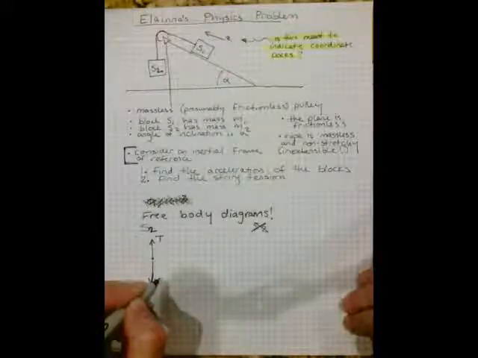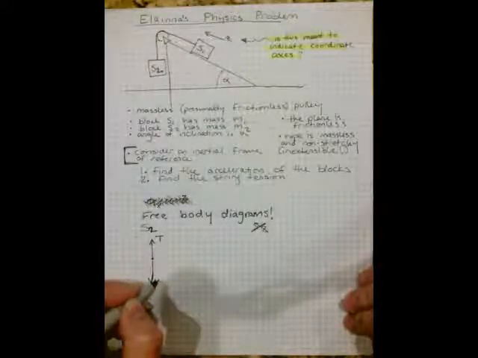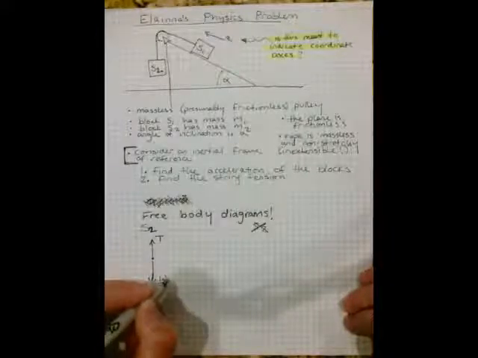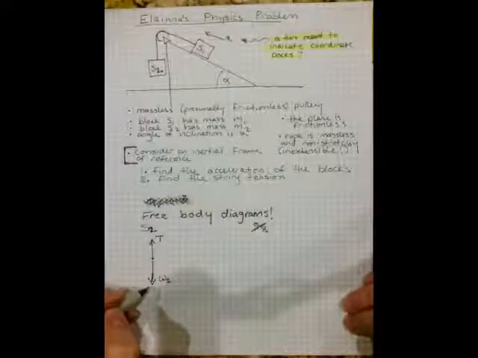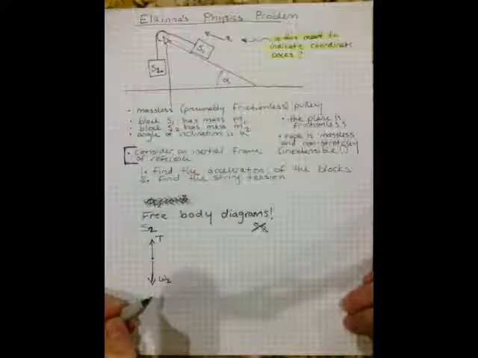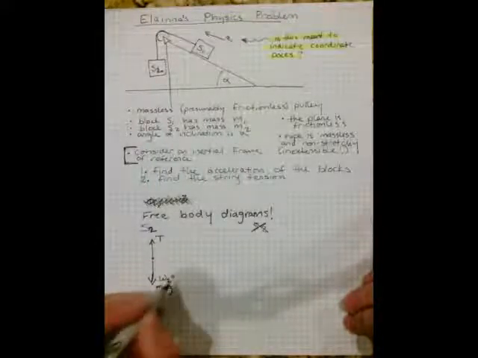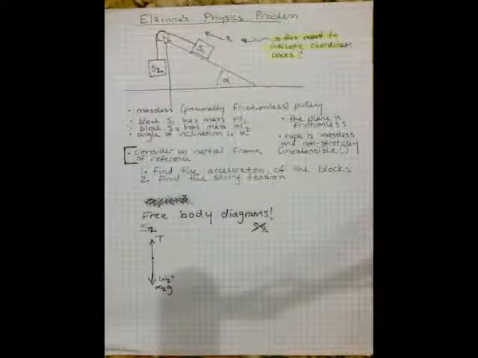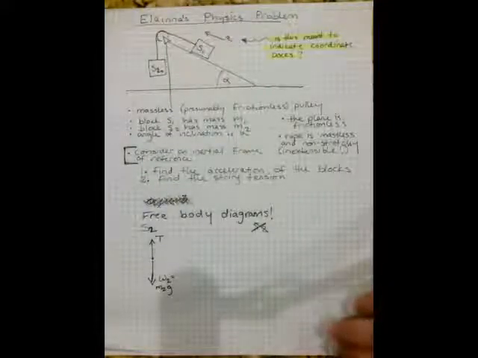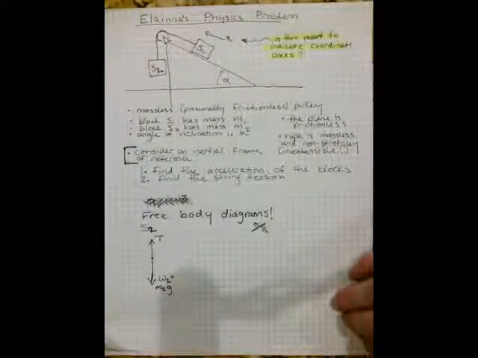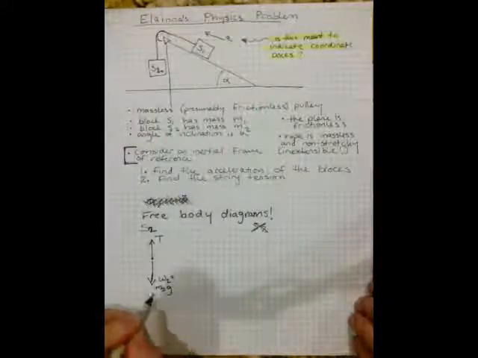And the downward, let's see, I can't not use your TA, so we'll call this W2 for the weight of block 2. And we might even immediately substitute M2G because we know that quantity. We know that the pull of gravity, at least in a flat Earth approximation, is M2G, right?